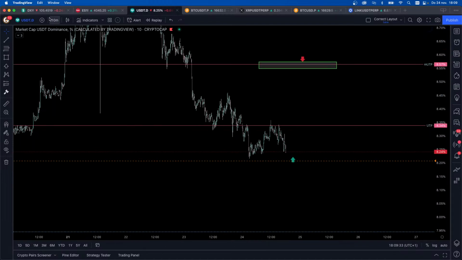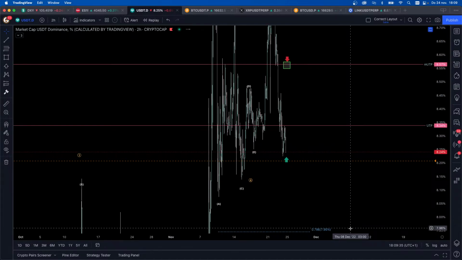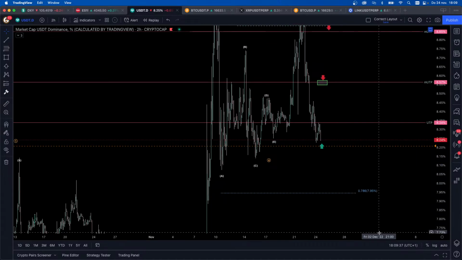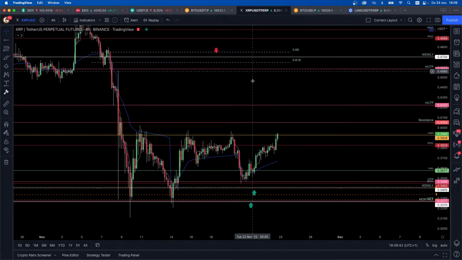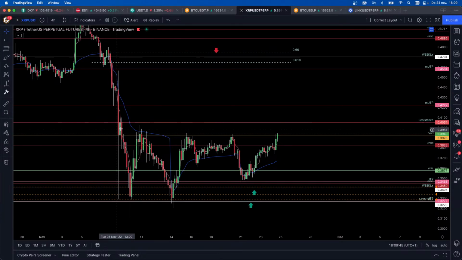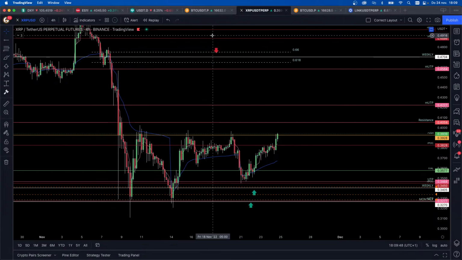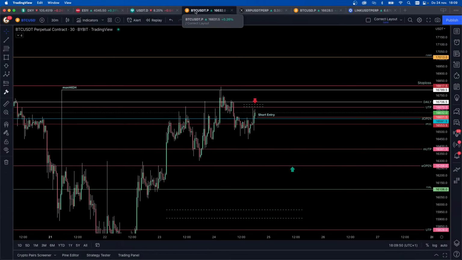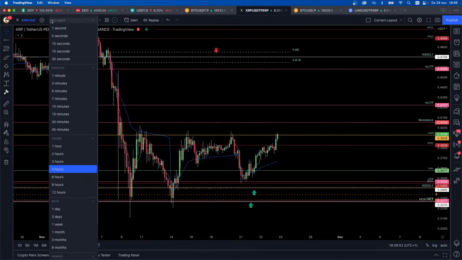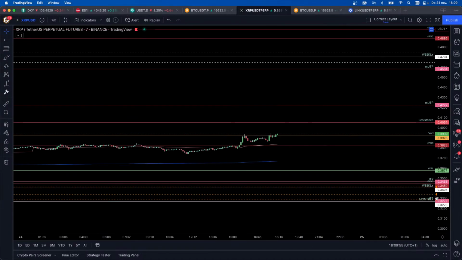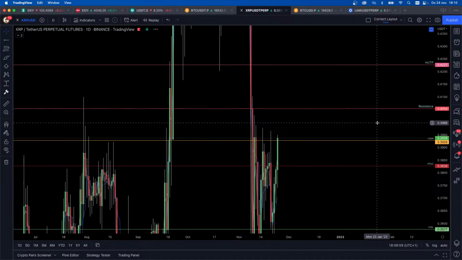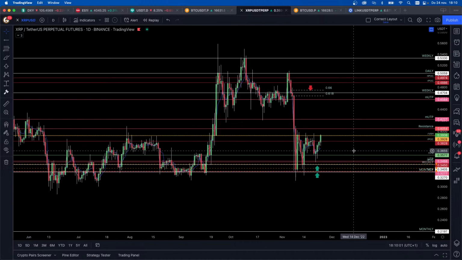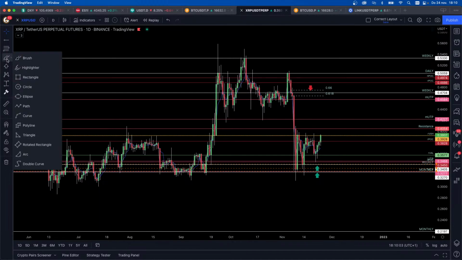Now I have a feeling that it will fall lower and that Bitcoin will break out. Not even Bitcoin, XRP as well. Higher lows, you have your resistance. And you have this major untapped price region over here.